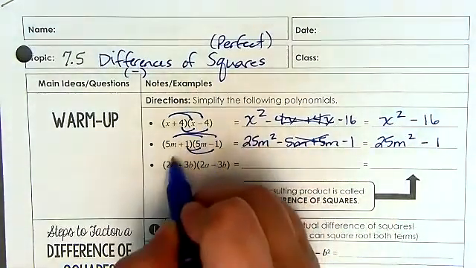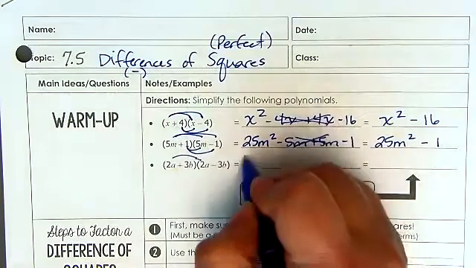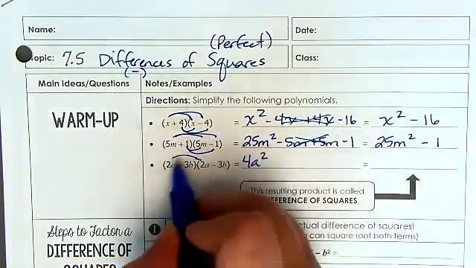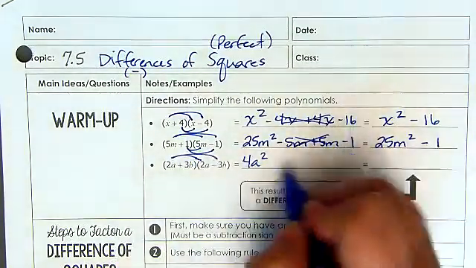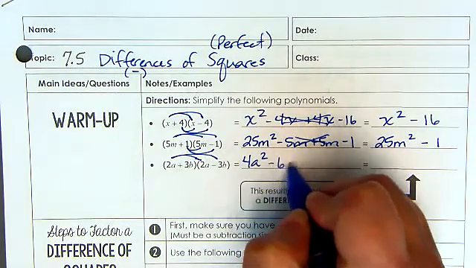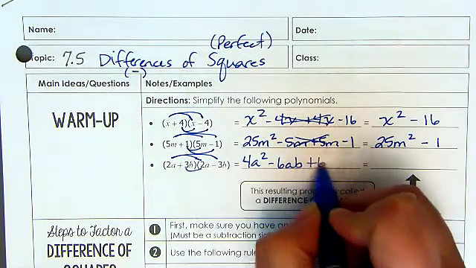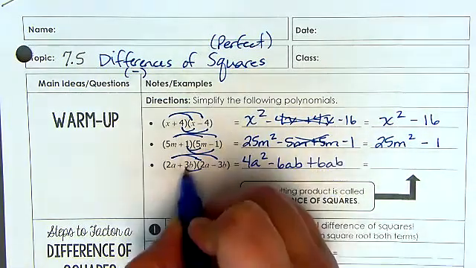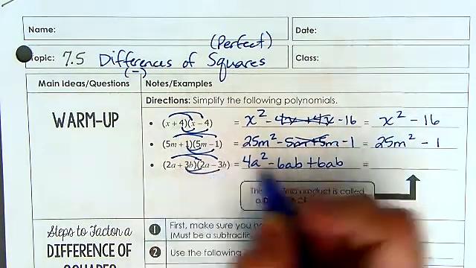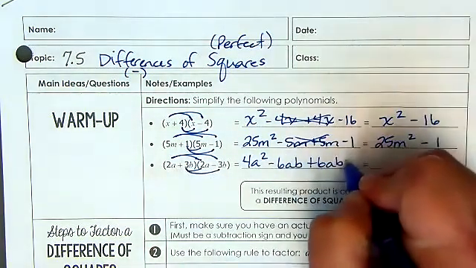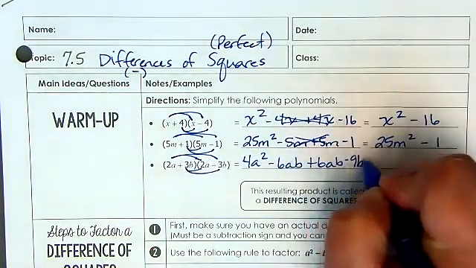Next example, 2a times 2a gives me 4a squared. 2a times -3b is going to give me -6ab. 3b times 2a gives me a positive 6ab. 3b times -3b gives me -9b squared.